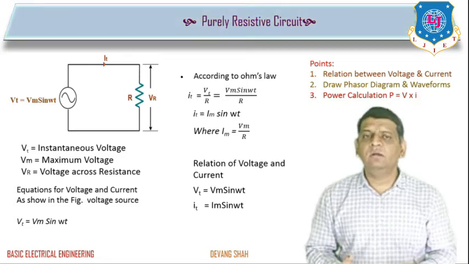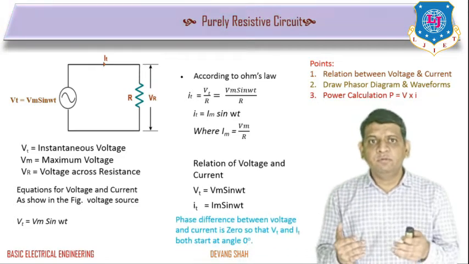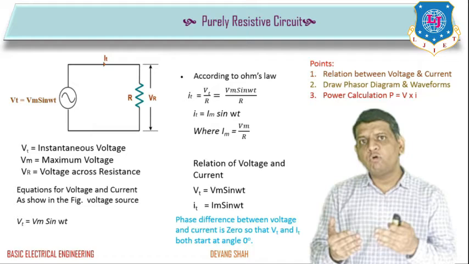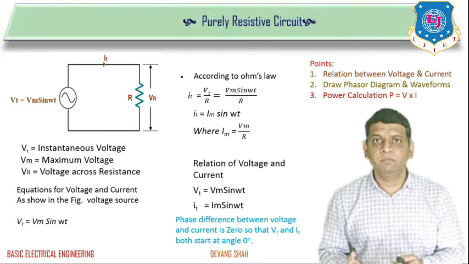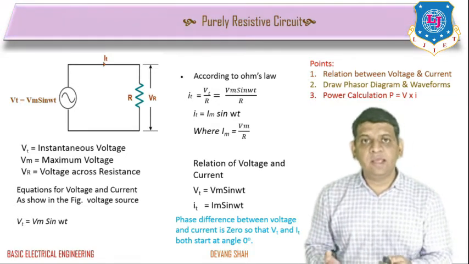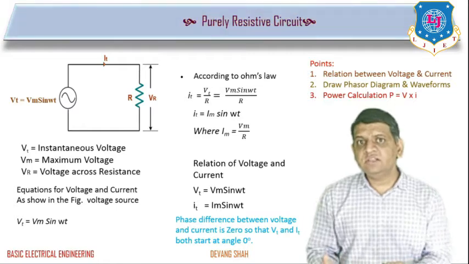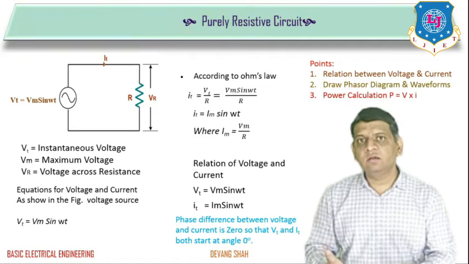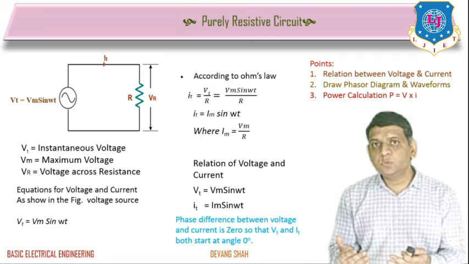Based on this, the phase difference between voltage and current is zero, because both signals start at angle zero. So this is point number one.